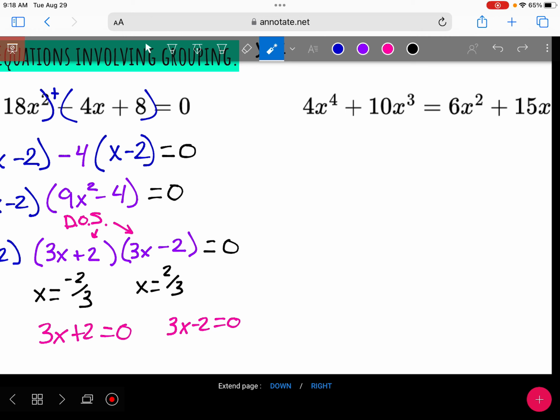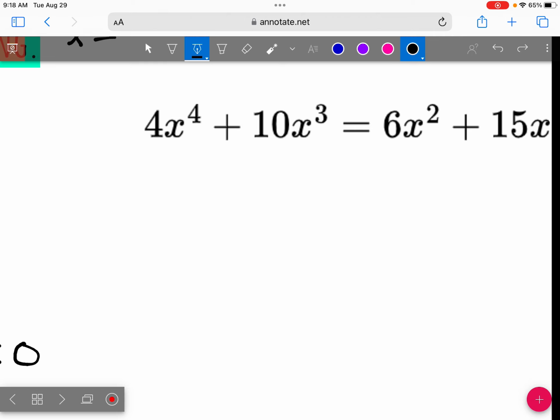So our next one is 4x to the 4th plus 10x cubed equals x squared minus 15x. What do I need to do first? Bring it all to one side, set it equal to 0, however you want to think about it. Because we have to have them all together before we can factor stuff.